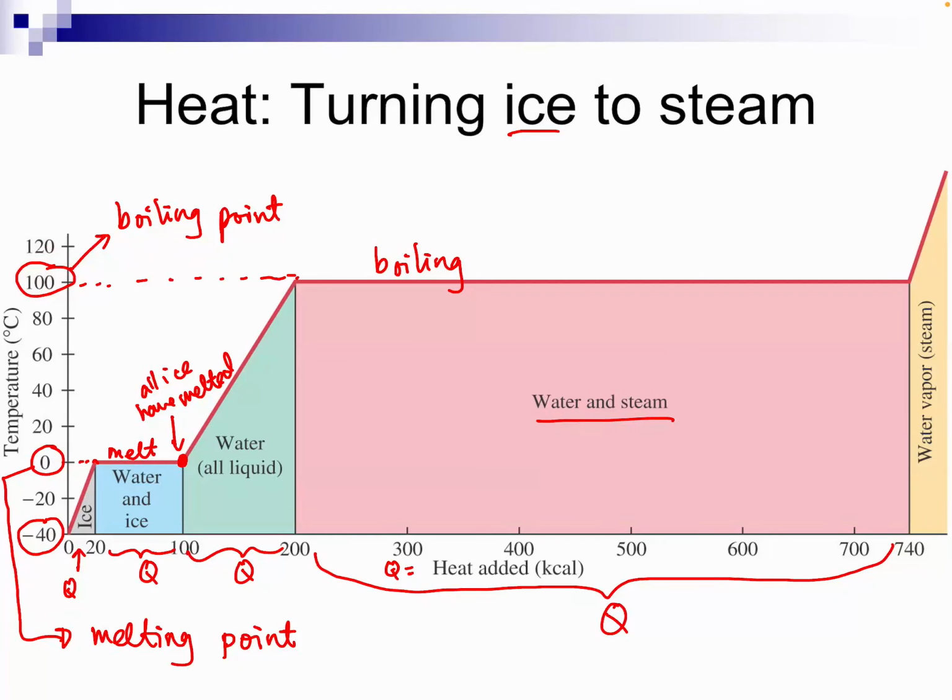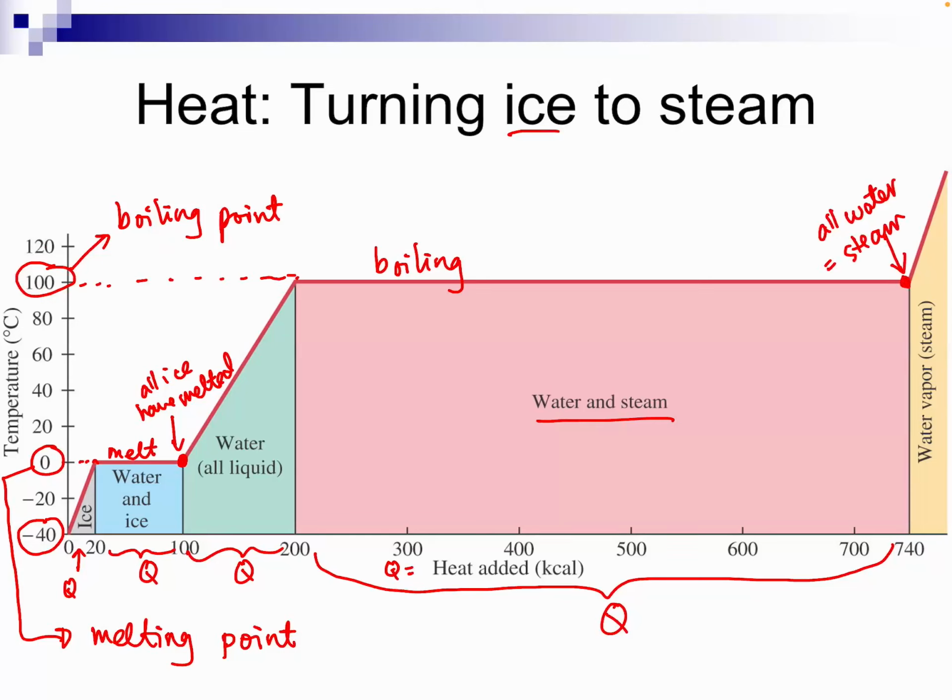So none of the heat added goes into changing the temperature. Instead, all of the heat goes into changing the phase from liquid water to gaseous steam. Right. So until such a point when all of the water has boiled out into steam. So all water is converted to steam.